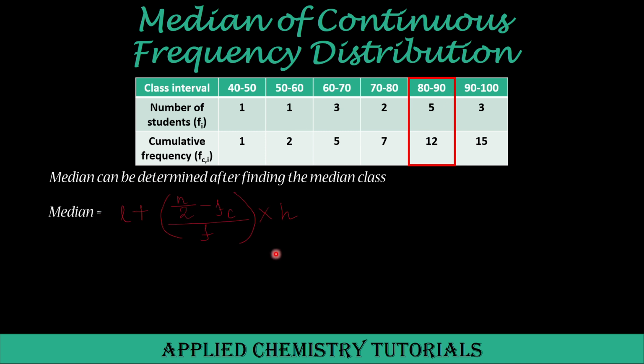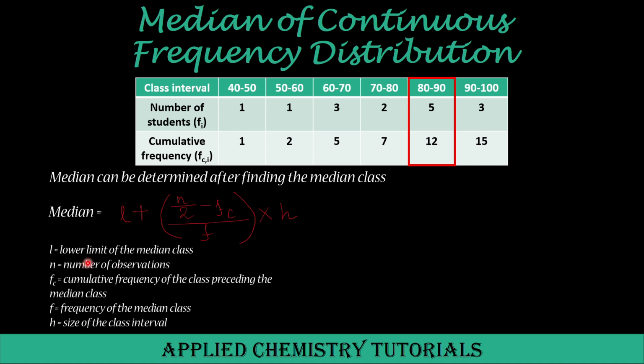The median can be calculated using the following formula: L plus n by 2 minus fc divided by f, and the whole multiplied by h, where L is the lower limit of the median class, which is 80, n is the number of observations, which is 15, fc is the cumulative frequency of the class preceding the median class, which is 7. Now f is the frequency of the median class, which is 5, and h is the size of the class interval, which is 90 minus 80 equals 10.